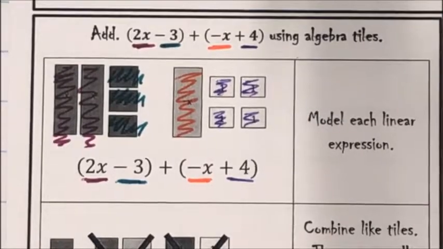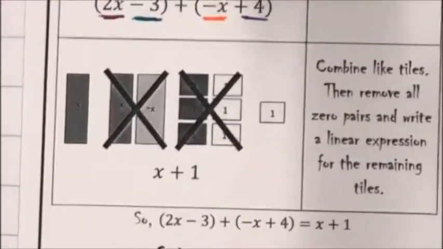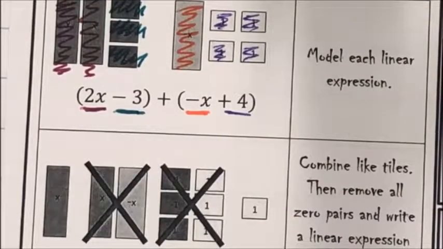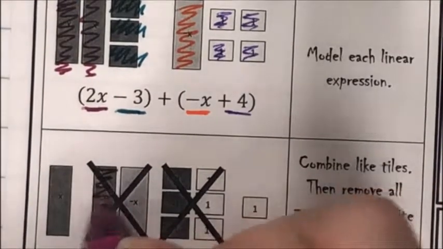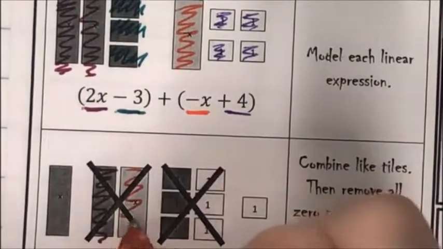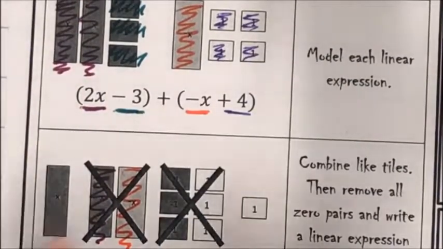Now I want to add them together. So I can take some zero pairs. Basically, a zero pair is when I can take things and cancel them out. For example, I can take one positive x and one negative x, and they cancel each other out. They go away.